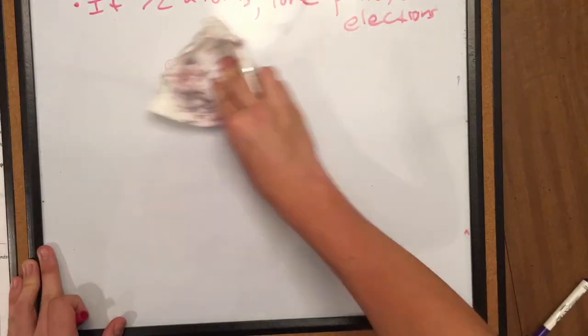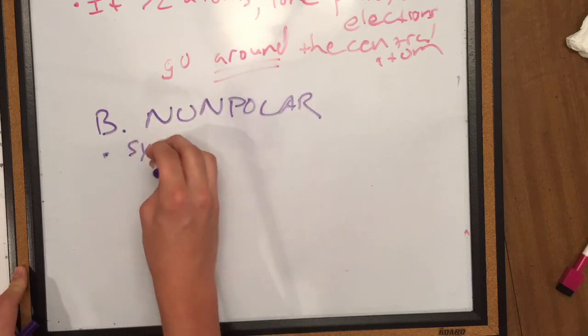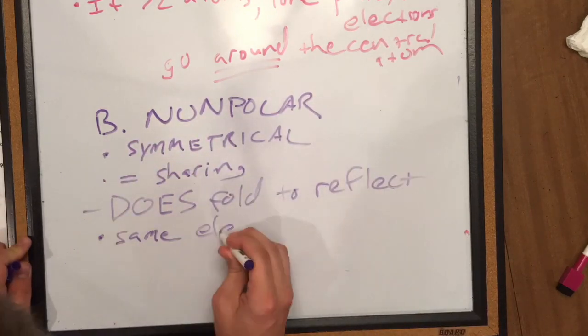If there are greater than two atoms, there are unbonded electrons or lone pairs around the central atom.